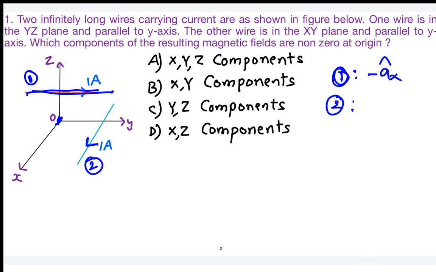Do the same thing for the second also. Make your thumb in the same direction as X. What is the movement of all the other fingers? Negative Z axis for the second. Very good.